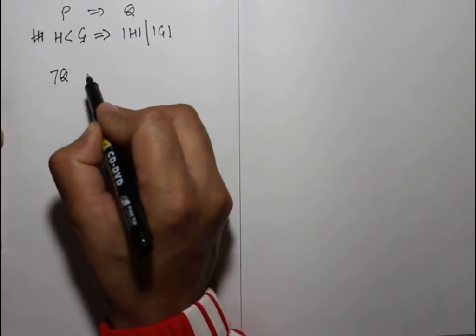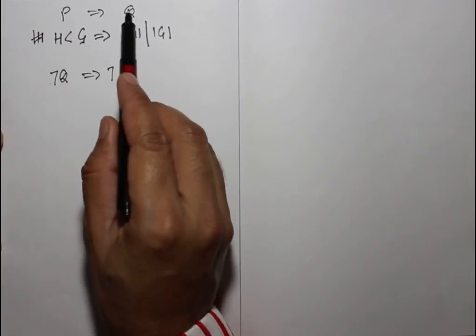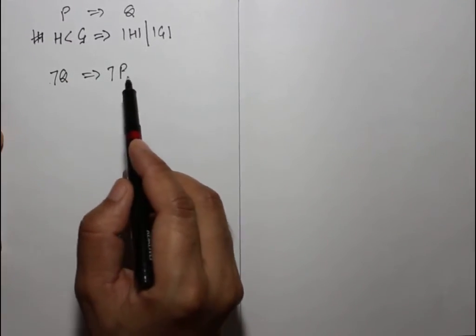If negation of Q imply negation of P, that means if P imply Q is true, then not Q imply not P is true.